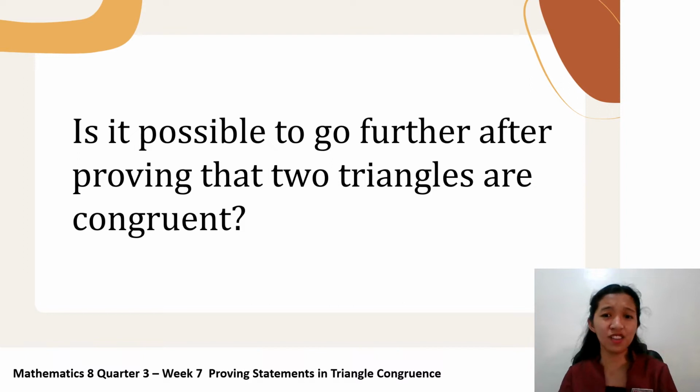Is it possible to go further after proving that two triangles are congruent? What do you think? Yes, because proving two congruent triangles does not end there. We can go beyond it.